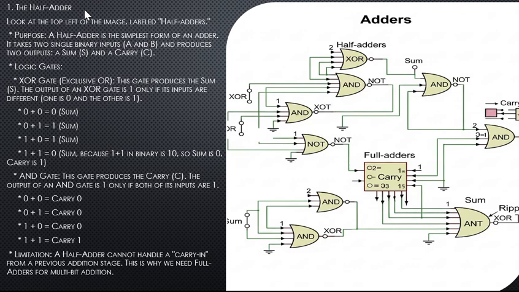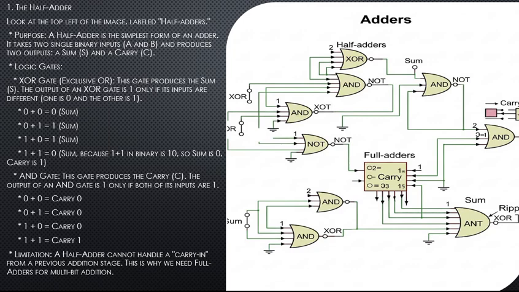Look at the top left of the image labeled half adders. What's its purpose? A half adder is the simplest form of an adder. It takes two single binary inputs, A and B, and produces two outputs, a sum and a carry.